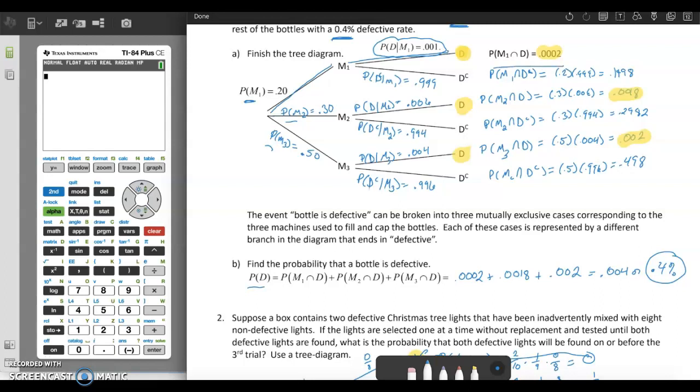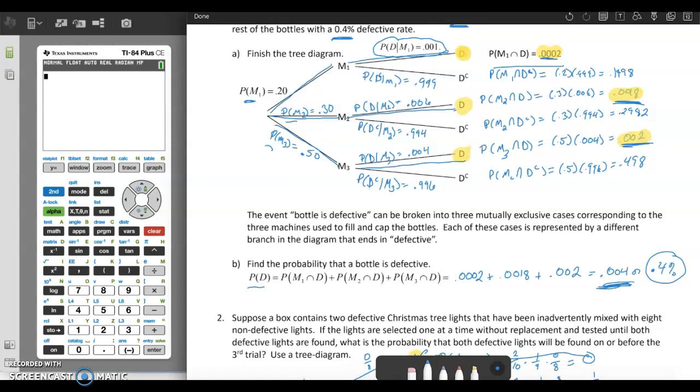And then take my next branch and multiply it out, the one that ends in the D, and get this value. And then take my last branch, multiply it out, as long as it ends in the D, because that's what we want, get that value, add them all up. So we've already done this.